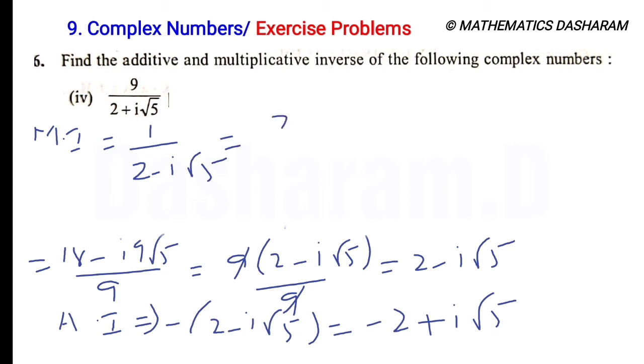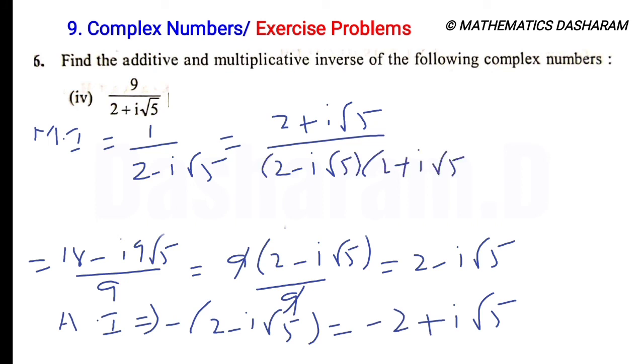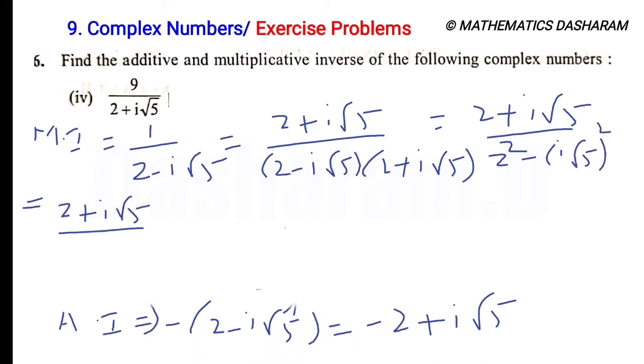So it is equal to (2 plus √5 i) divided by (2 minus √5 i) into (2 plus √5 i). So then (2 plus √5 i) divided by 2 squared minus (√5 i) whole square. 2 squared is 4, minus i squared into √5 squared.